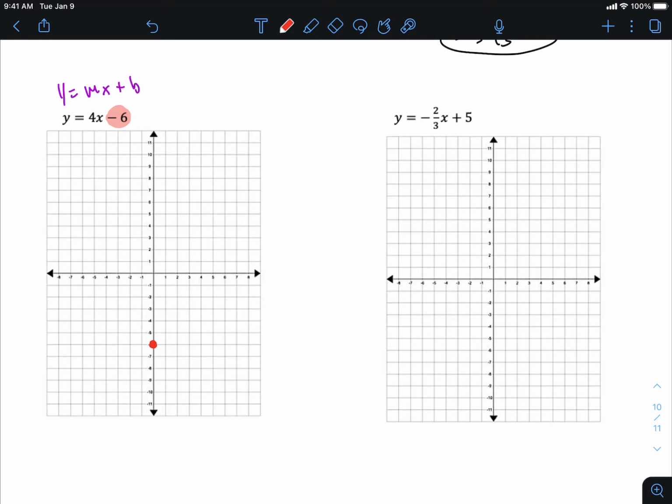All right? Take your pencil and just mark it. You start at -6, like that. There you go, Brandon. I didn't realize I could write on yours too.